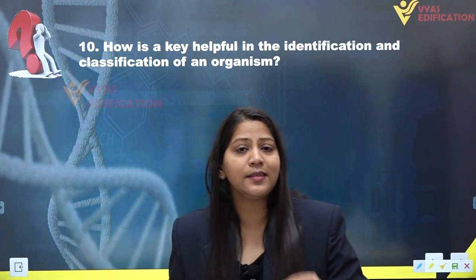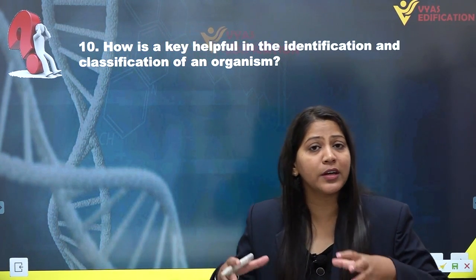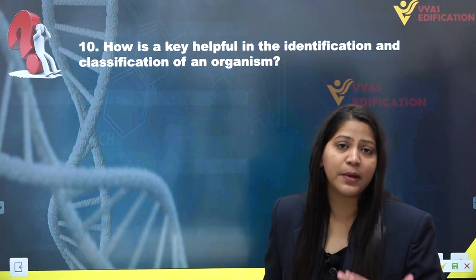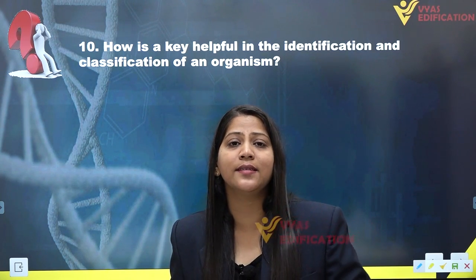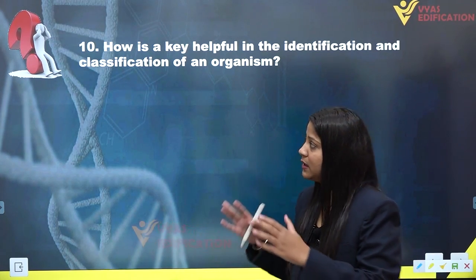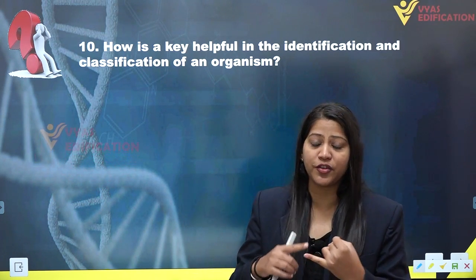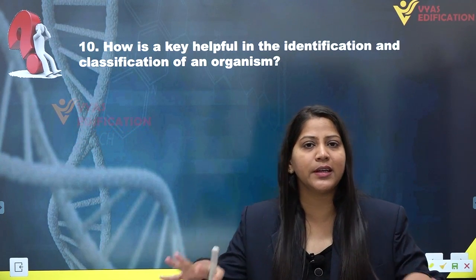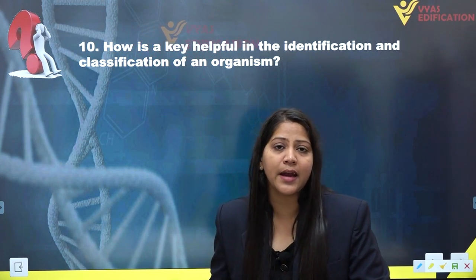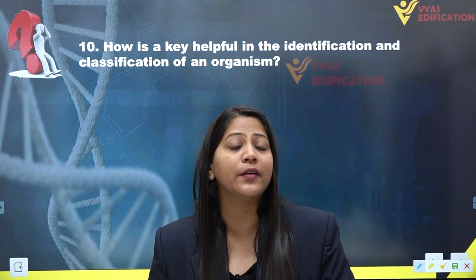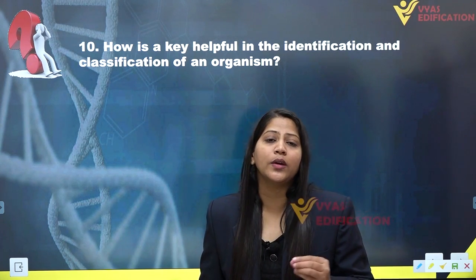These keys are based on similarities and dissimilarities of characters generally occurring in a pair, which is called a couplet. Now each statement in a key is referred to as a lead. So a key is a taxonomical aid which helps us to identify the organism and to classify the organism into their respective categories.